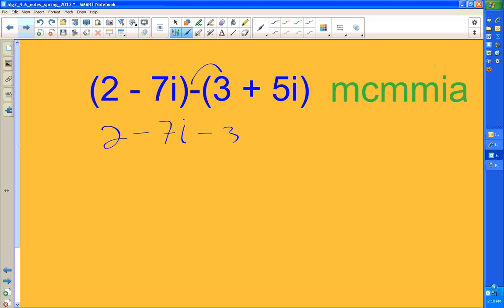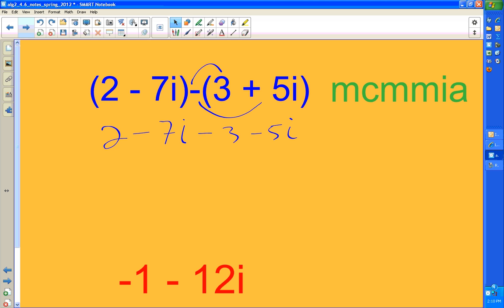You need to distribute the negative. Okay? Are you seeing that? You sure? So when we combine like terms now, you should get -1 minus 12i. This is what we really want.